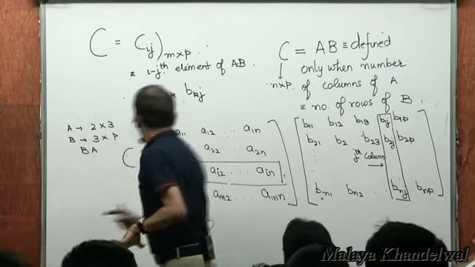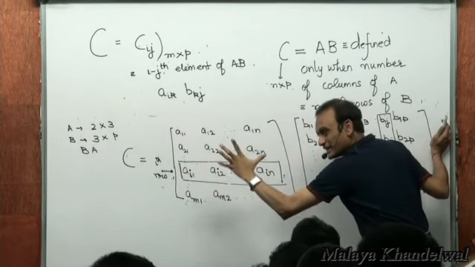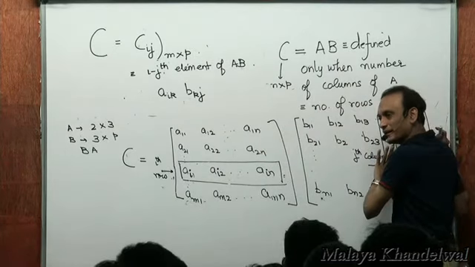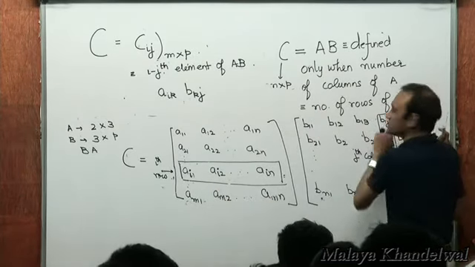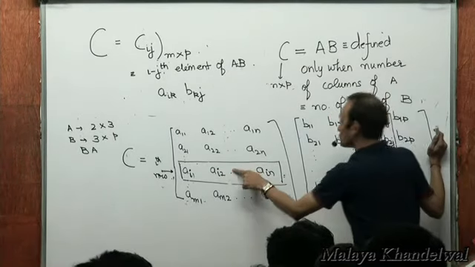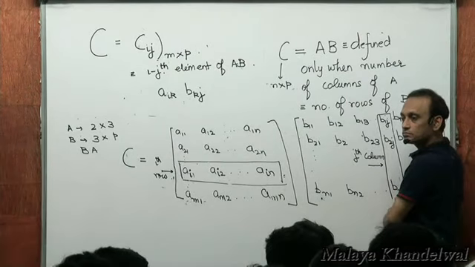You know what I'm saying? To obtain Cij, I take the ith row of A and the jth column of B, multiply corresponding members and add them up. This is what I do.